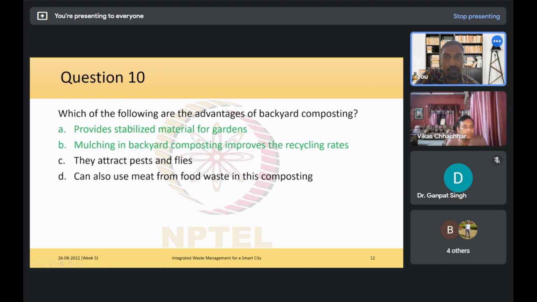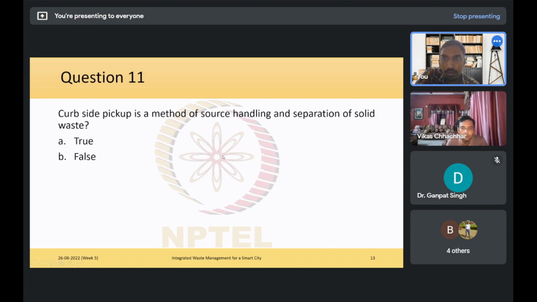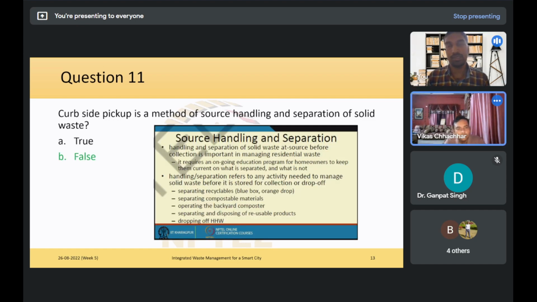First, it provides stabilized material for our home gardens, and second, it will improve our recycling rate because this does not get mixed with the other wastes that we send out. C and D are not actually advantages. Question 11 is about whether curbside pickup is a method of source handling or not. It is not. It is a method of collection.